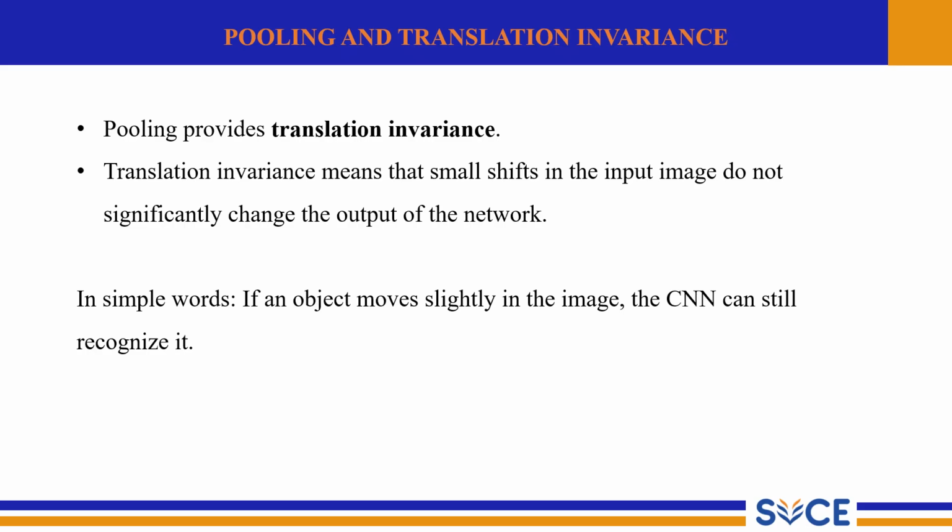This means the network can still detect the feature even if it has moved a little. In other words, pooling gives CNNs translation invariance, allowing them to recognize objects regardless of minor position changes. This property is one of the key reasons pooling is so important in convolutional neural networks.